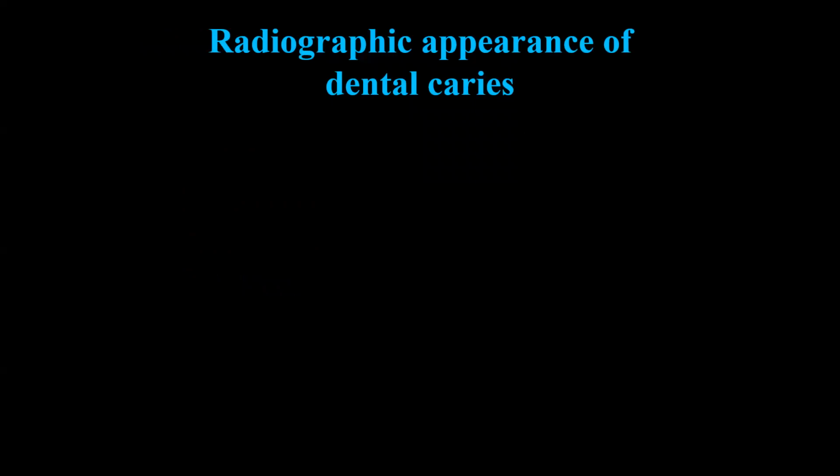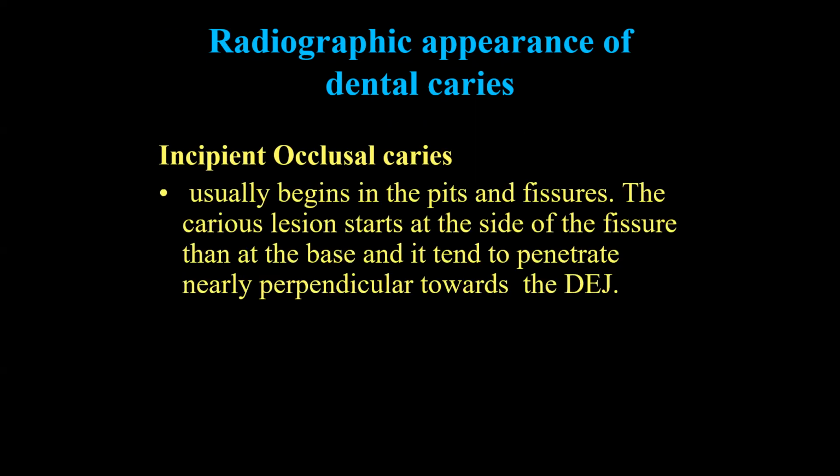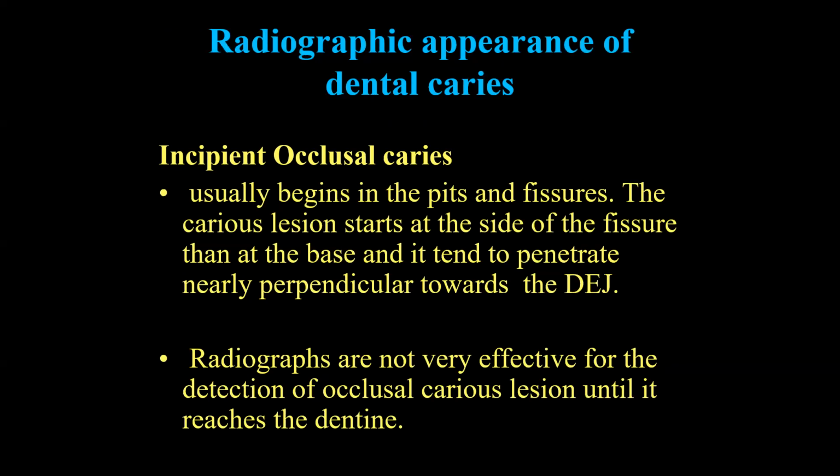Let's see how different caries appear on radiographs. Firstly, the occlusal caries. Incipient occlusal caries usually begins in pits and fissures. They start at the side of the fissure, and then they tend to penetrate perpendicularly toward the dentino-enamel junction.